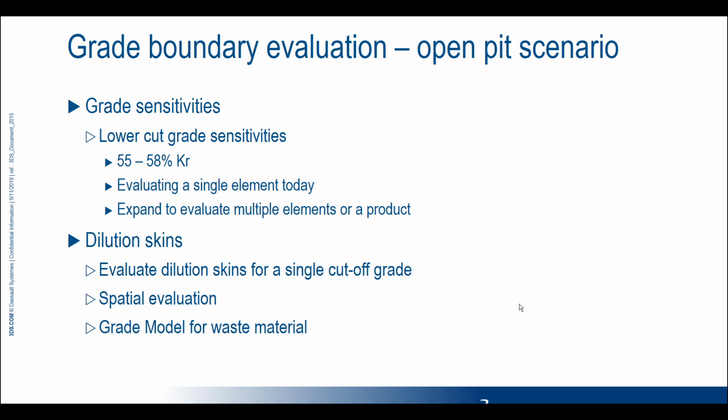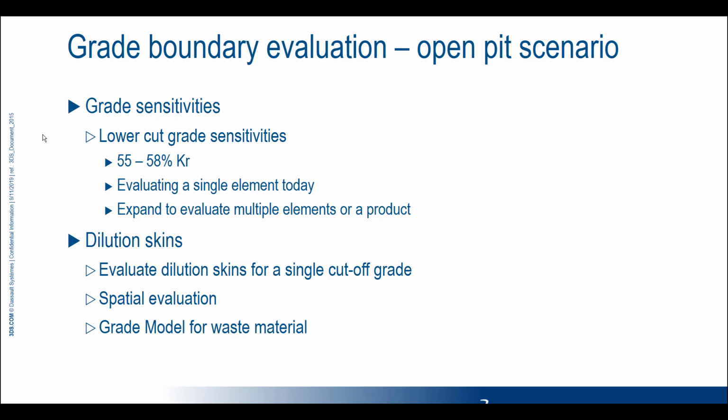An overview of what the Stope Optimizer is going to run. For today we are focusing on the grade sensitivities, and we're looking at lower cut grade sensitivities. I'll run 4 scenarios to present, and I'll show one just to give an example.